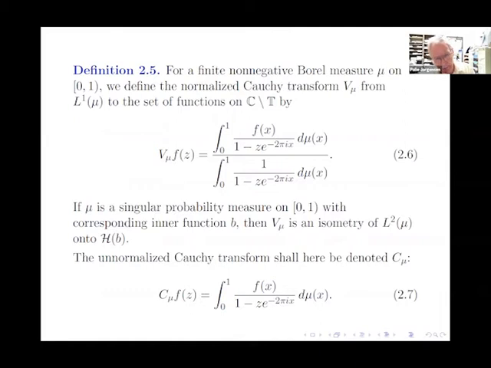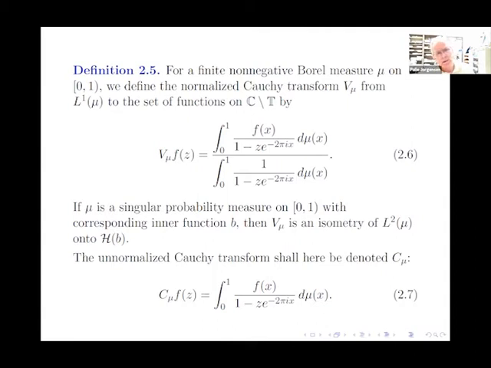But another thing we remember from the baby harmonic analysis is that there's a bijective correspondence between inner functions on the one hand and singular measures on the other. And so in 2.6, we have normalized the Cauchy transform.